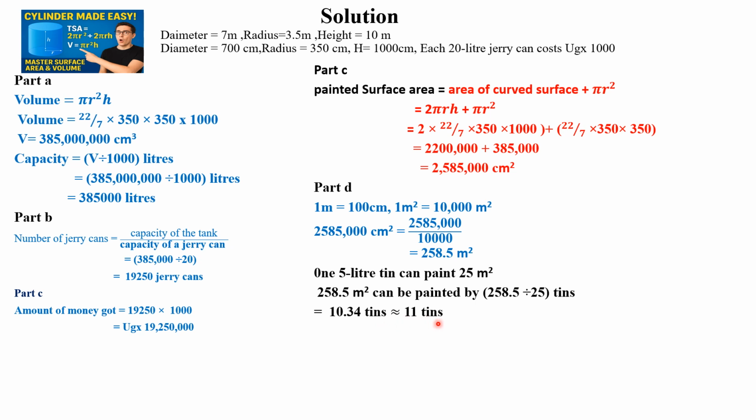Now you just buy 11 tins. But one tin is 45,000 shillings. Then what about 11 tins? It means that 11 tins will cost 11 times 45,000 shillings, and I'll get my answer as 495,000 shillings.